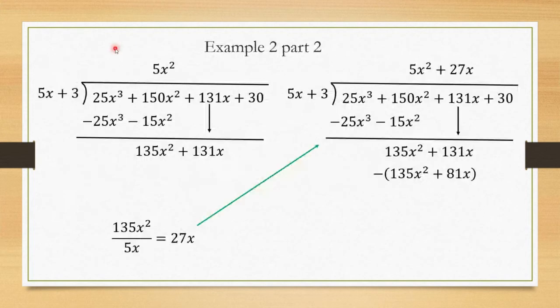That's all. And that's what I did here. So now we combine, and these terms go bye-bye. Here we have 150x squared minus 15x squared, and that's going to be 135x squared, as you can see.